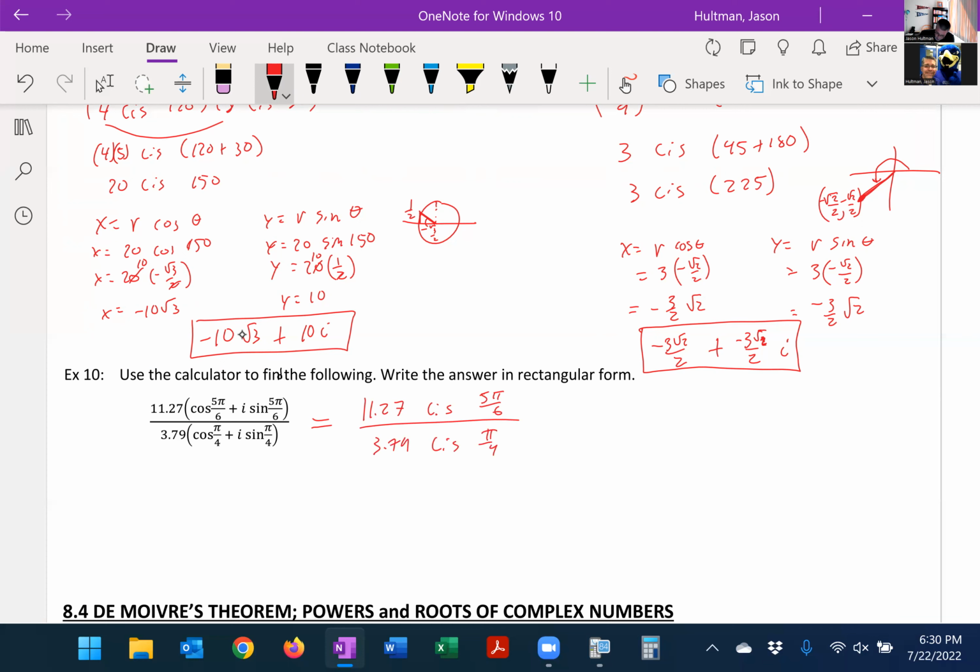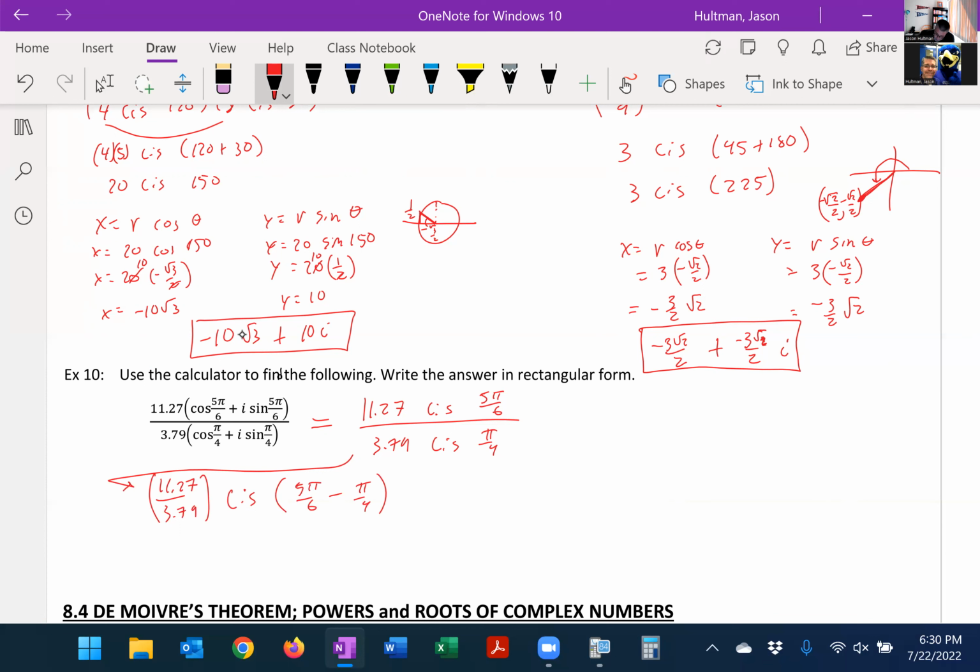So I'm going to divide this. So this becomes 11.27 over 3.79, which is not going to divide nicely, so I'm going to leave it like that. Then cis, and this is going to be 5 pi over 6 minus pi over 4.